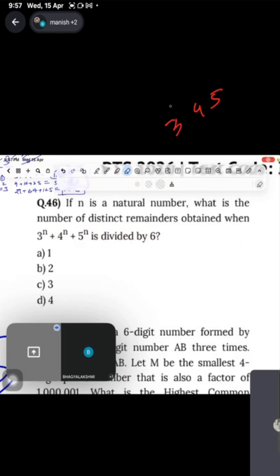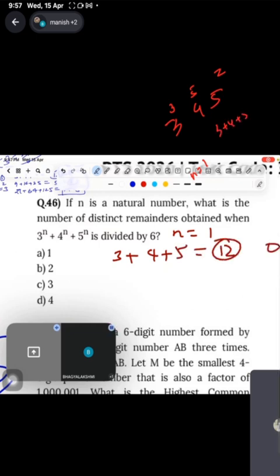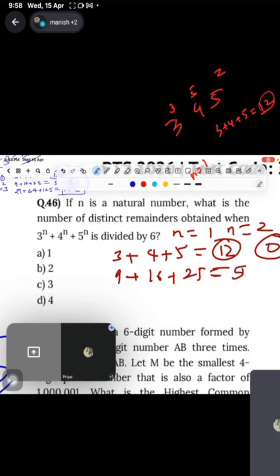In these types of questions, one thing always follow: always start with 1. Suppose in n I am taking 1, so it will become 3, 4, 5. It is 12, so the remainder is 0. Now n equal to 2: it will become 9, 16, 25. Count the total: 25 plus 25 is 50, and the remainder is 2.